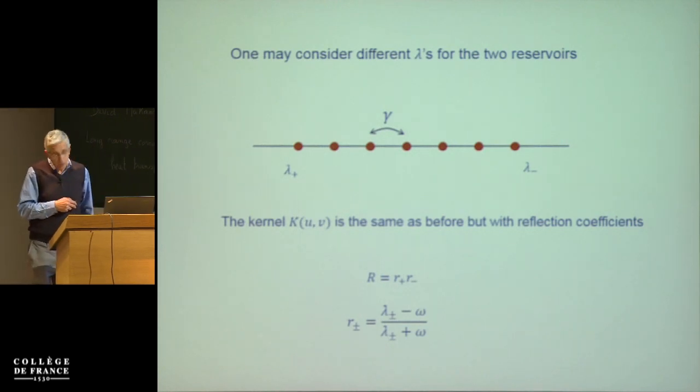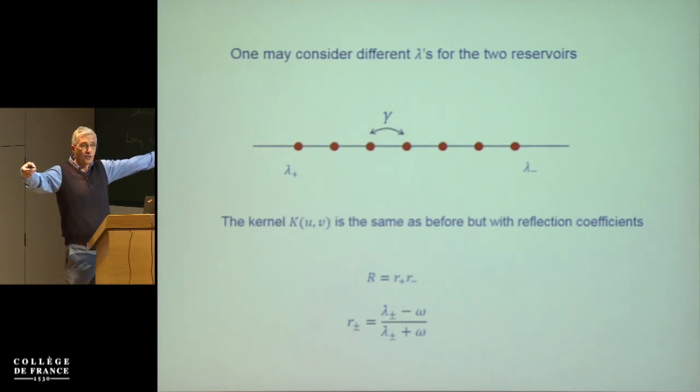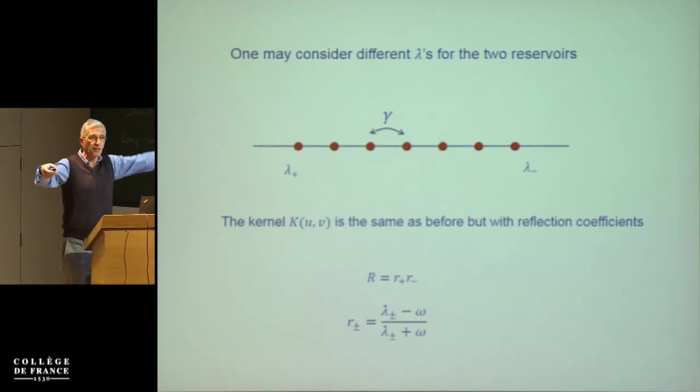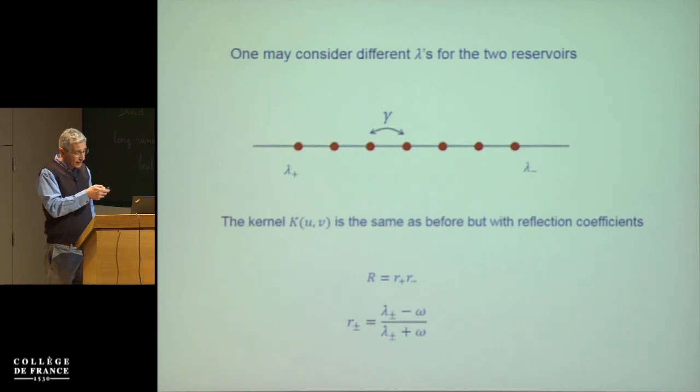One other comment: one may consider different lambdas on the two reservoirs. You can think of a reservoir which is coupled very fast, with a large dissipation term there, and a smaller one on the other side. It turns out that it doesn't really matter.